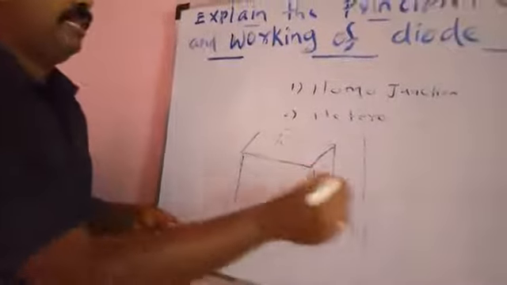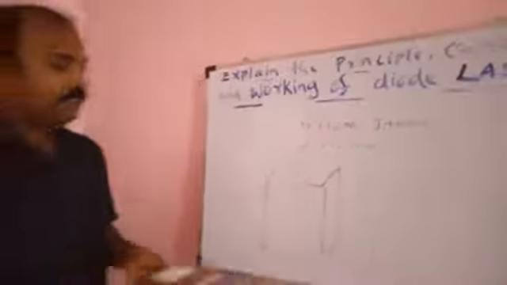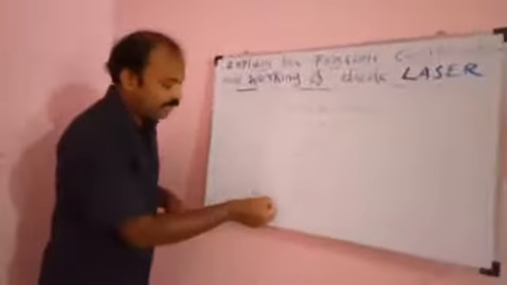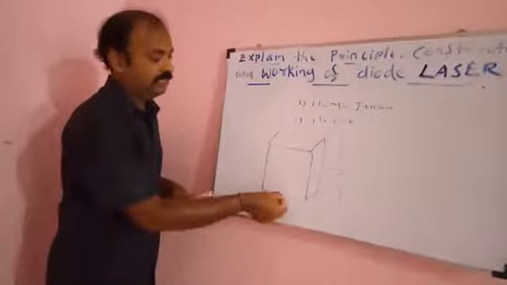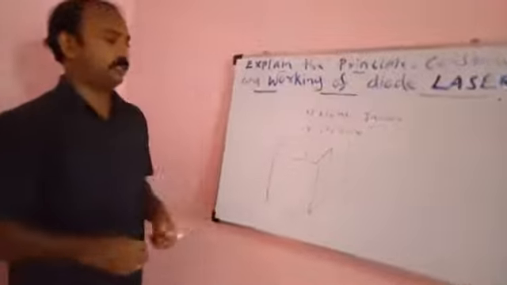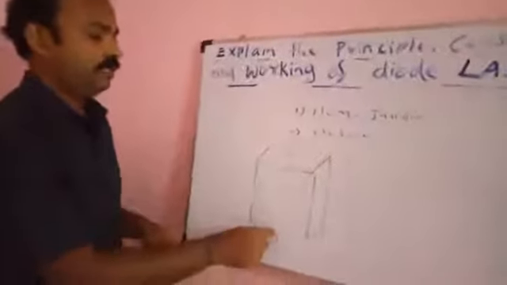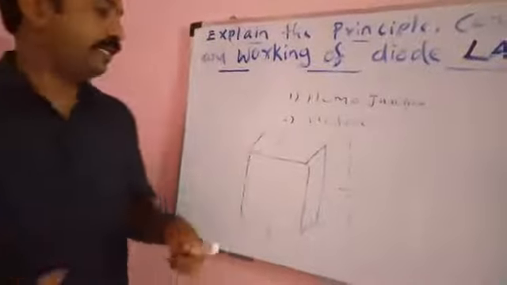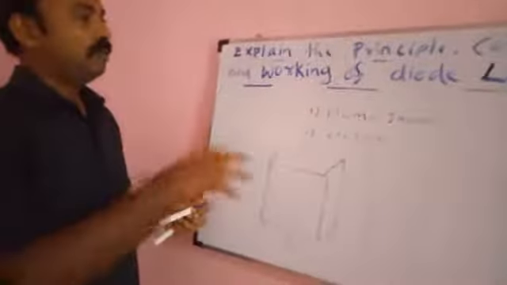The positive terminal is connected to the p-type semiconductor and the negative terminal to the n-type semiconductor with the help of the metal contacts. The metal contact gives a suitable power supply to this diode laser.